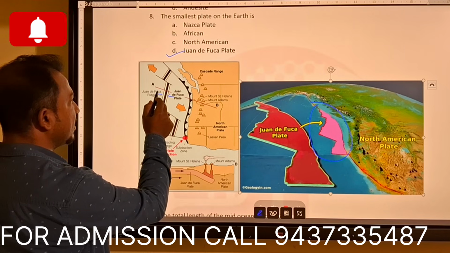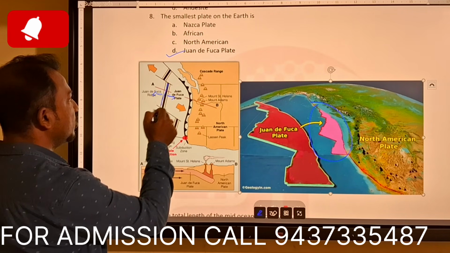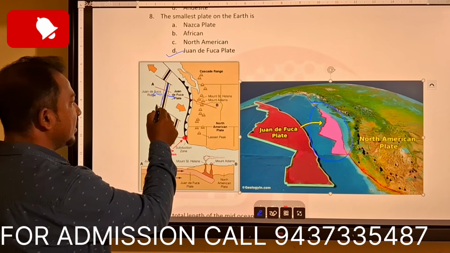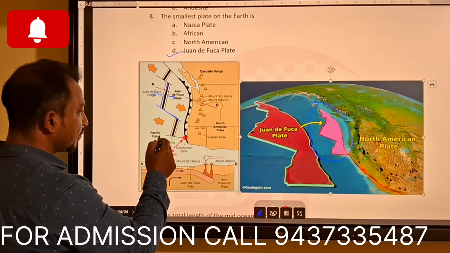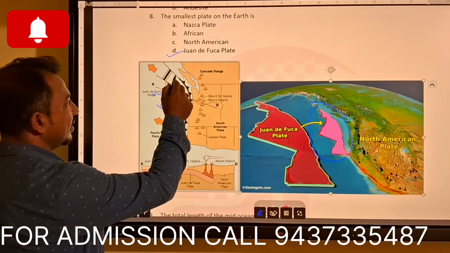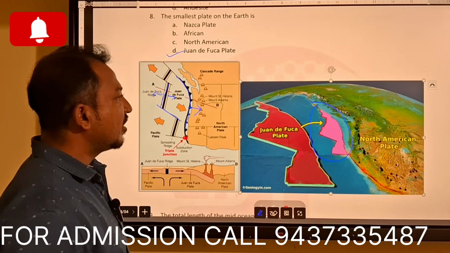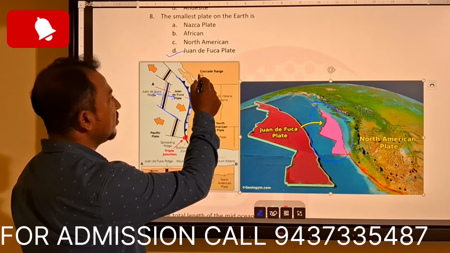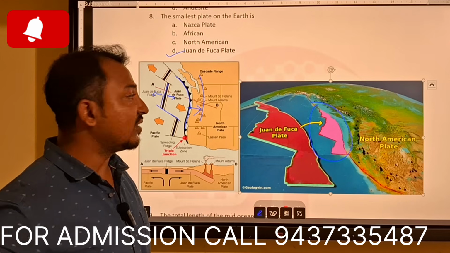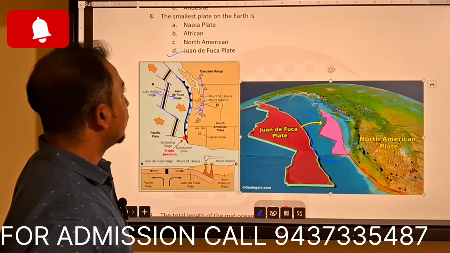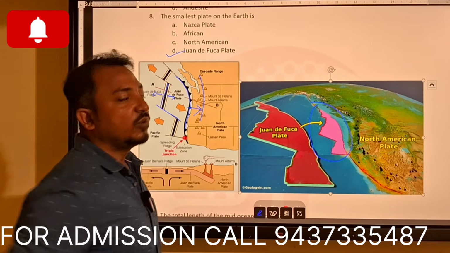It diverges from the Pacific plate here, which produces the Juan de Fuca ridge. There is a transform plate boundary here, and this Juan de Fuca plate converges with the North America plate and produces a mountain range called the Cascade Mountain Range. So the smallest is your Juan de Fuca plate.